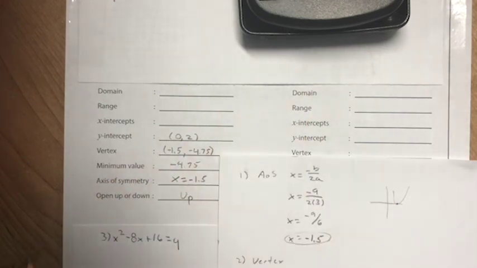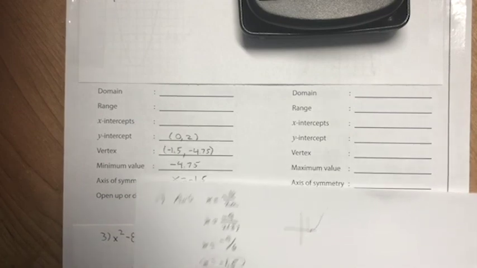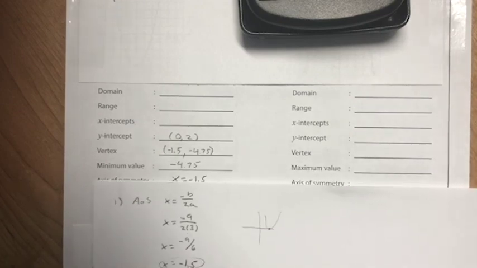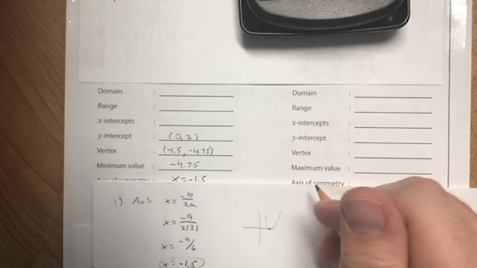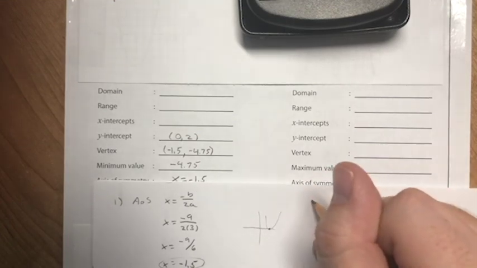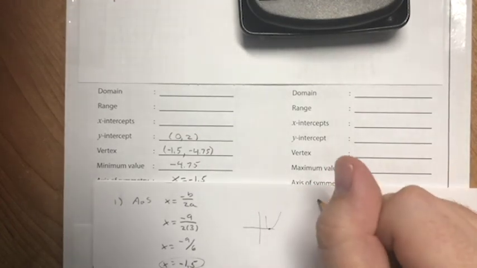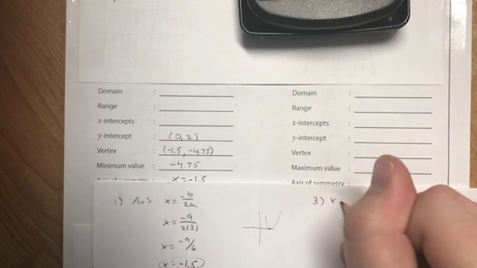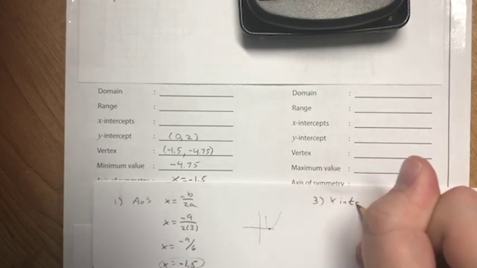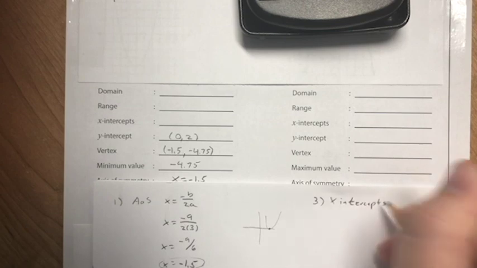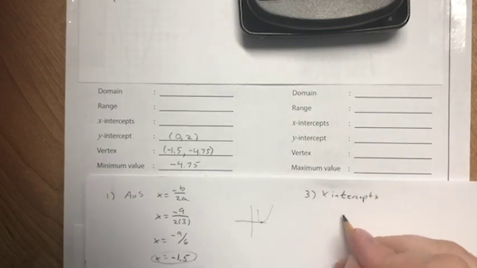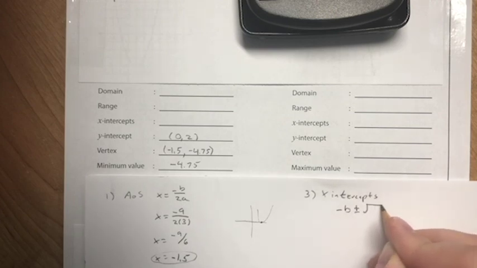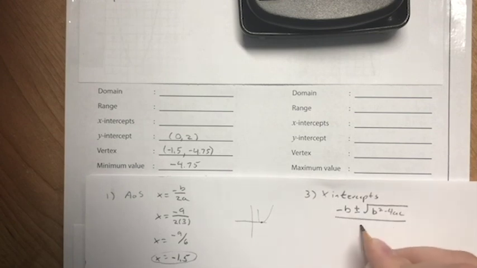Now my job is to find my x-intercept, okay? So let's do that. This time I'm going to use my quadratic formula. I'm looking for the x-intercepts, and I don't know how many there will be, but we're going to find out. So I'm going to write my equation: negative b plus or minus the square root of b squared minus 4ac, all over 2a. And there's my equation.